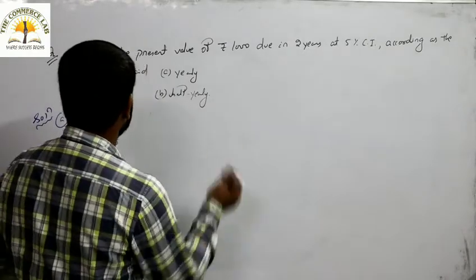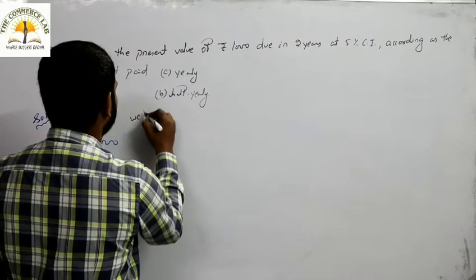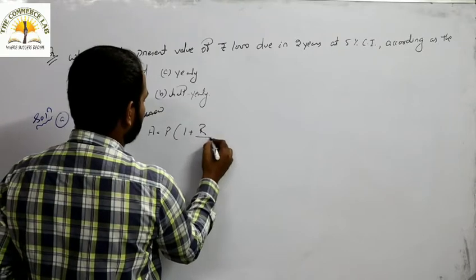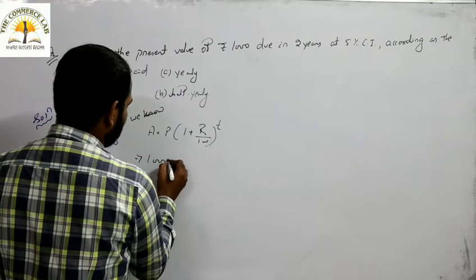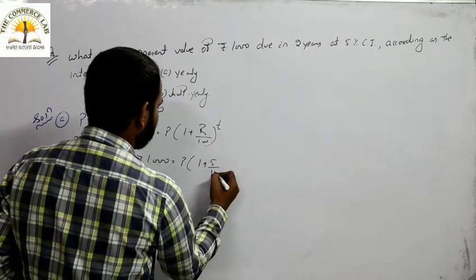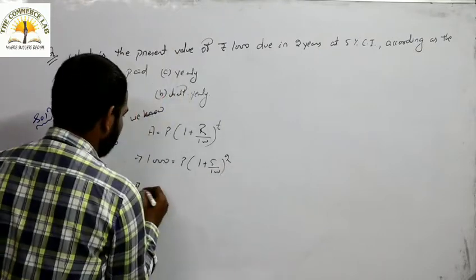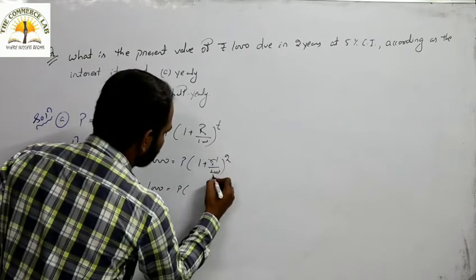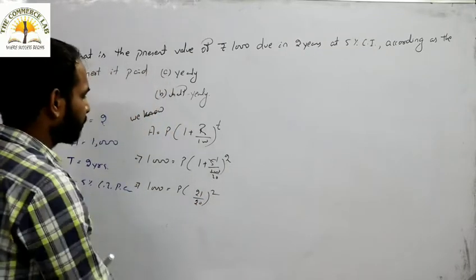Then we know A equal to P into (1 plus R by 100) to the power T. A equal to 1000 rupees, P into (1 plus 5 by 100) to the power T. This implies 1000 equals P into (1 plus 1 by 20).